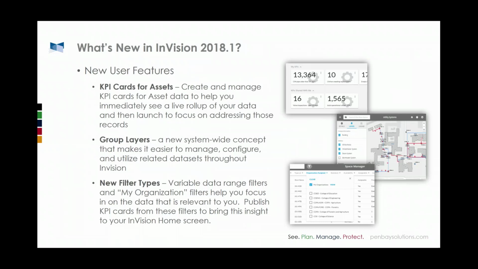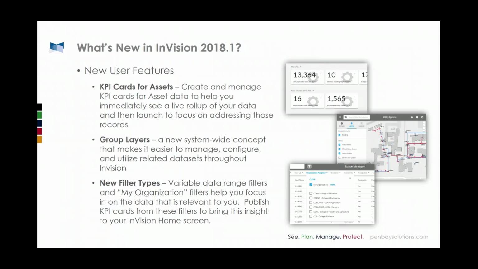In terms of new and different user features, these are features for end users. At the 2018 release, we introduced this concept of key performance indicator cards for space management kinds of business problems. At the 2018.1 release, it's possible to author and manage KPI cards for assets as well.